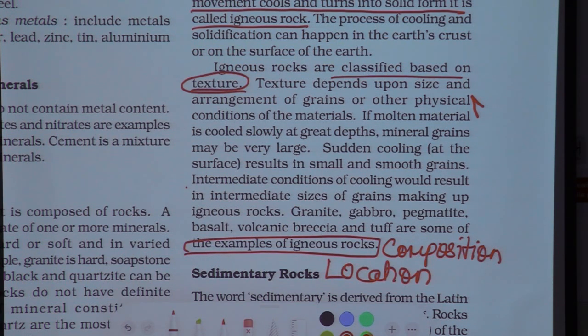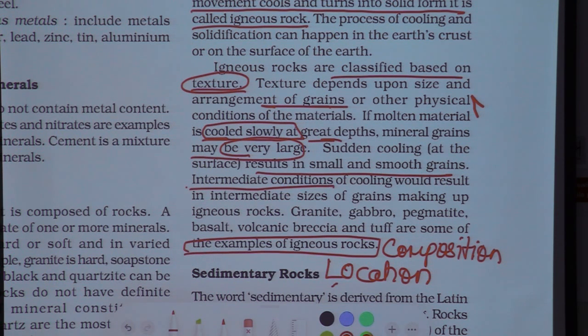Based on texture, we have different arrangements of grain. If the molten material cools very slowly at greater depth, the mineral grain becomes very large, and sudden cooling creates smaller or intermediate grain.